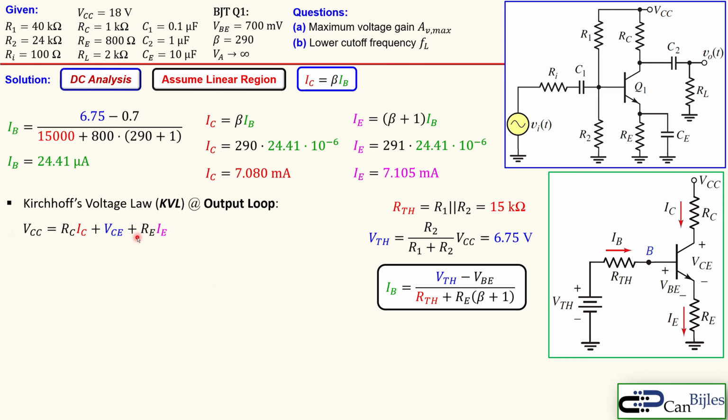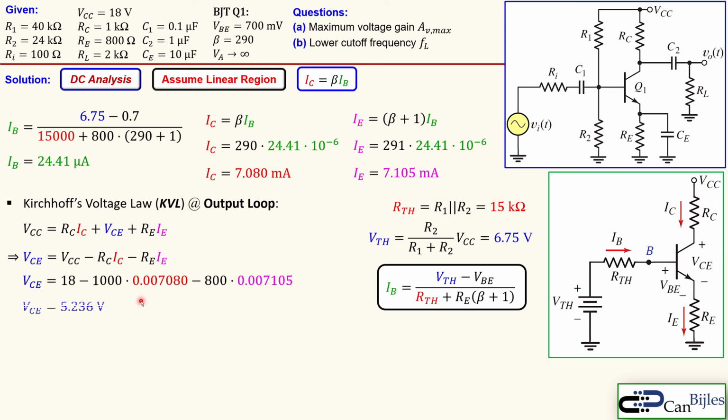We know the collector and emitter currents, so VCE can be recalculated: VCC minus the voltage across the RC and the voltage across the RE. That results in 5.235 volts. This is much larger than the 0.2 volts we need minimum to stay in the linear region, so this is verified.